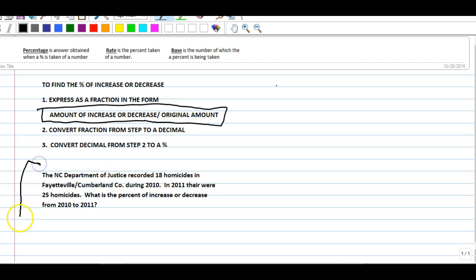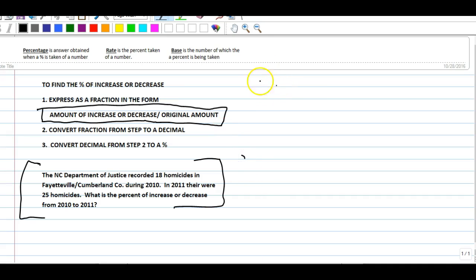So here I have an example. The North Carolina Department of Justice recorded 18 homicides in the Fayetteville-Cumberland County area during the 2010 year. In 2011, there were 25 homicides. So what is the percent of increase or decrease from 2010 to 2011?